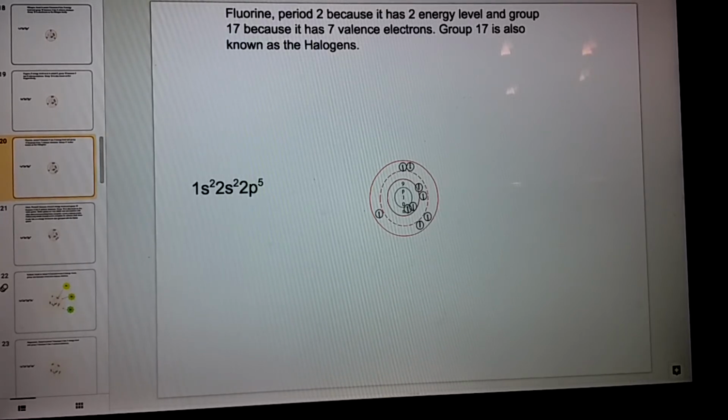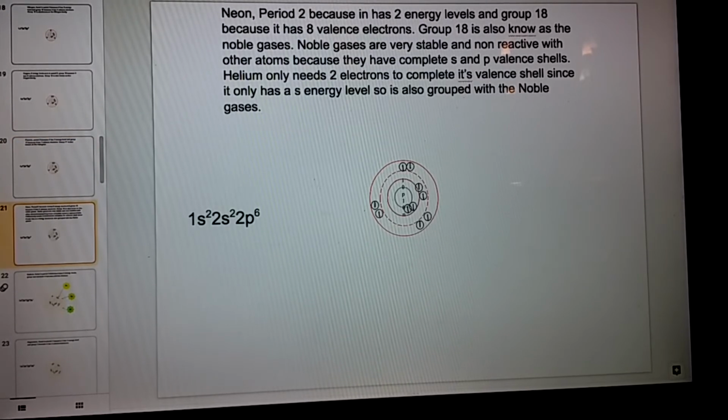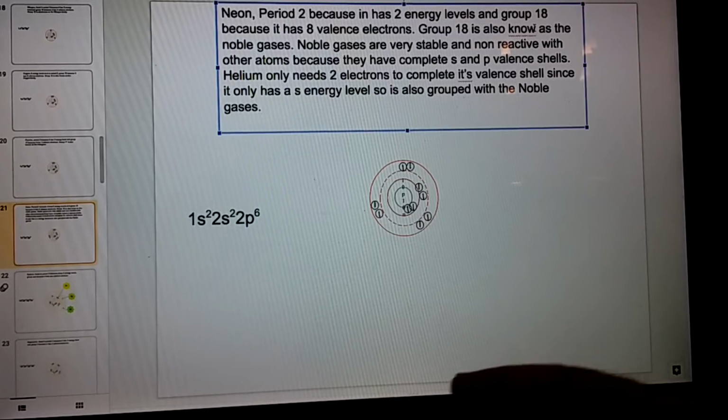Fluorine, period 2 because it has 2 energy levels, and group 17 because it has 7 valence electrons. Group 17 is also known as the halogens. Neon, period 2 because it has 2 energy levels, and group 18 because it has 8 valence electrons. Group 18 is also known as the noble gases.